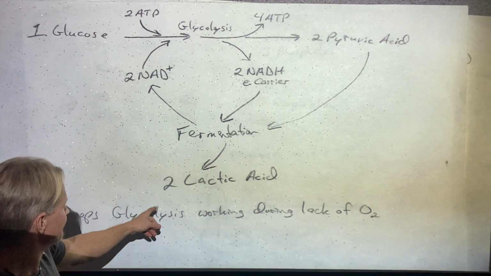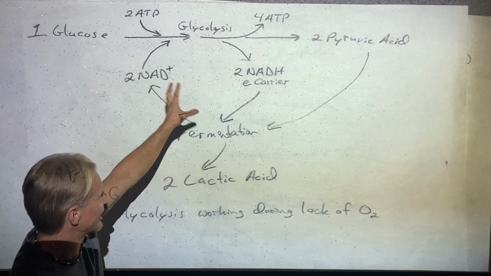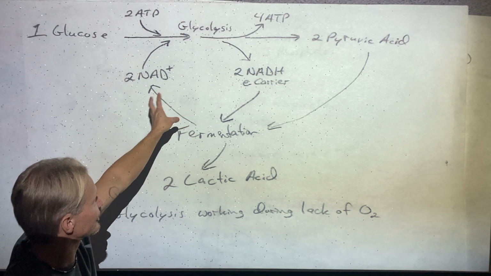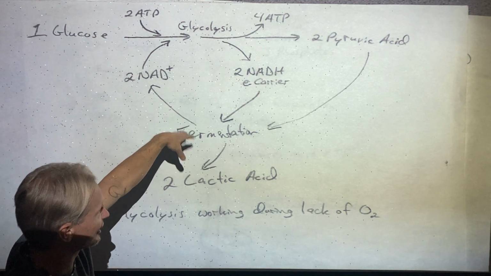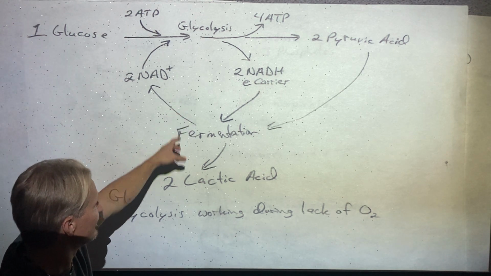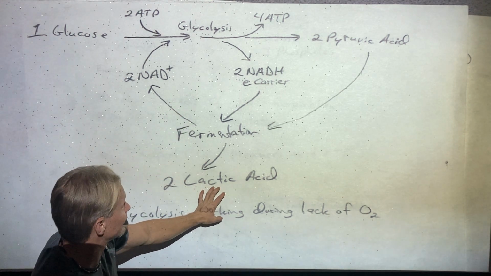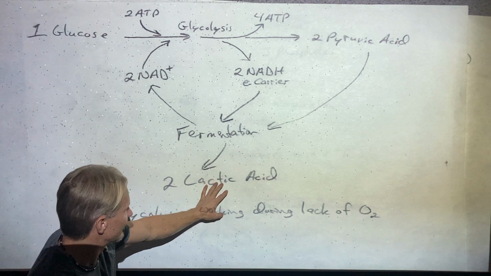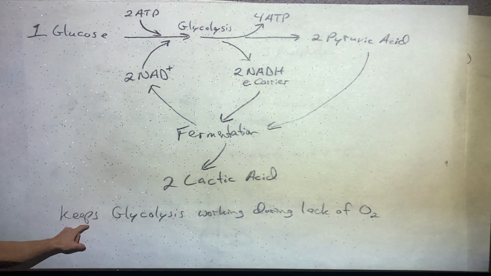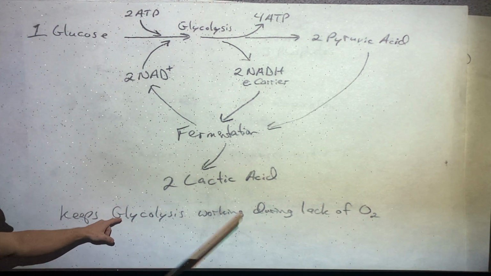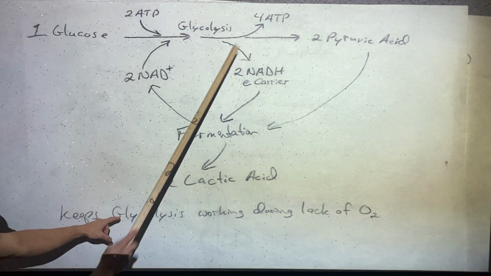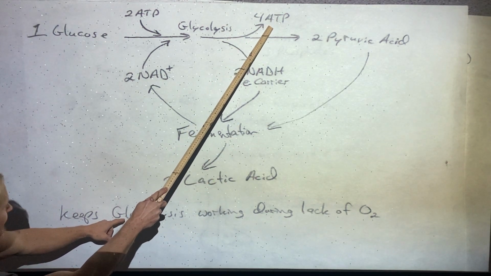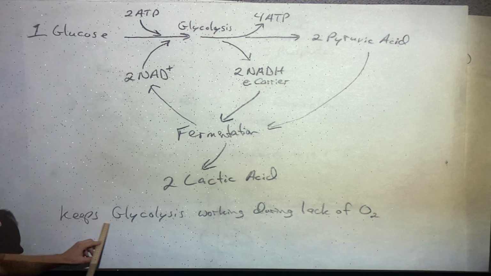So what happens, and I just kind of drew all these arrows here to show you that it goes round and round. Don't get too caught up in all of the molecules and whatnot. Just know that lactic acid fermentation is a way for us to keep making some ATP by running glycolysis.